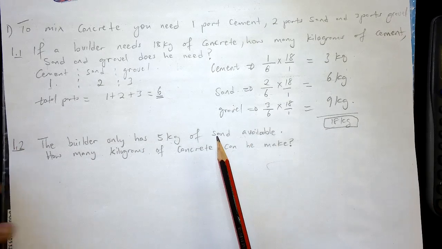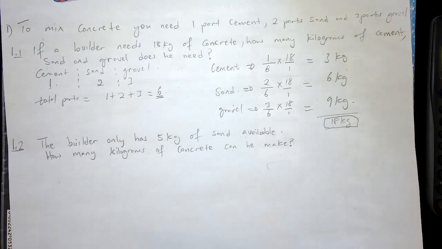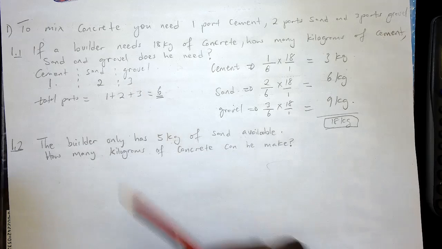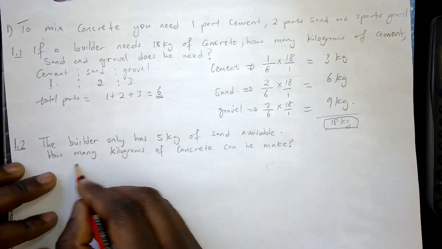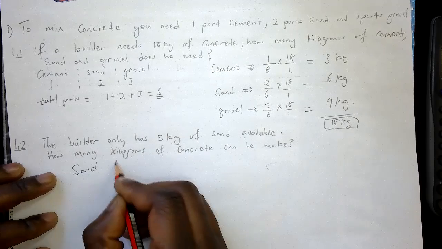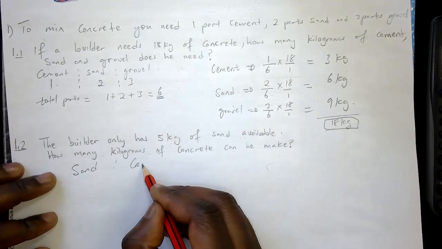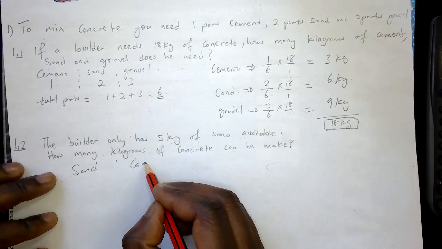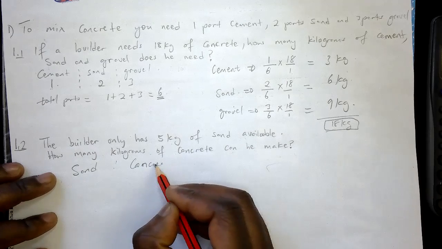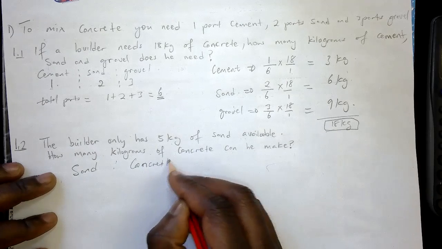Now, we are saying 5 kg of sand available. How many kilograms of concrete can he make? We need to check sand as to the concrete. What is the ratio of sand to concrete?